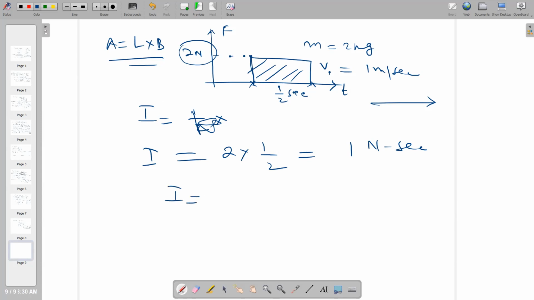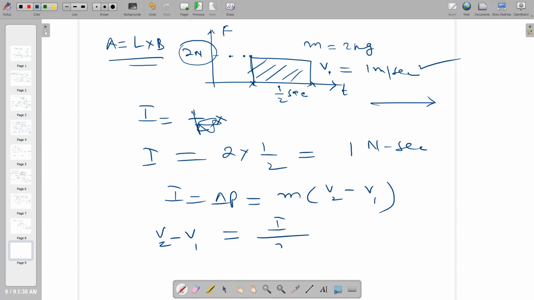So I is equal to delta P, and delta P is equal to m(v2 minus v1). We want to find v2 minus v1 first, and this is equal to I over m.